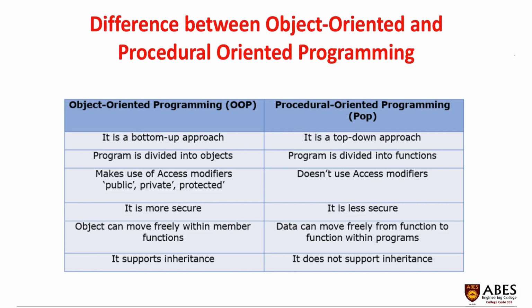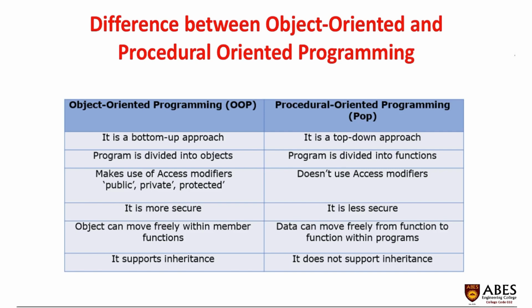In object-oriented programming, the program is divided into objects, but in procedure-oriented programming, the program is divided into functions. In object-oriented programming, we use access modifiers like public, private, protected and so on, but in procedure-oriented programming, we do not use this type of access modifiers. Object-oriented programming is more secure, but procedure-oriented programming is less secure.